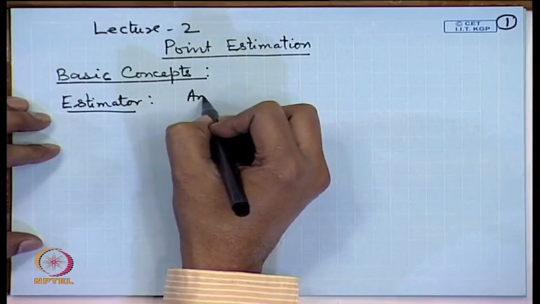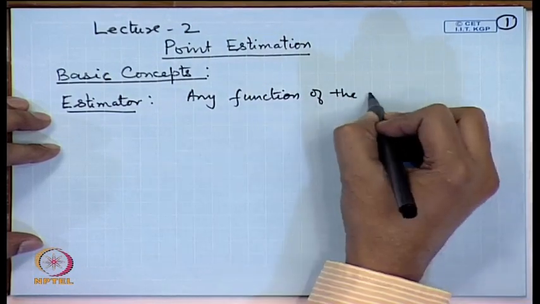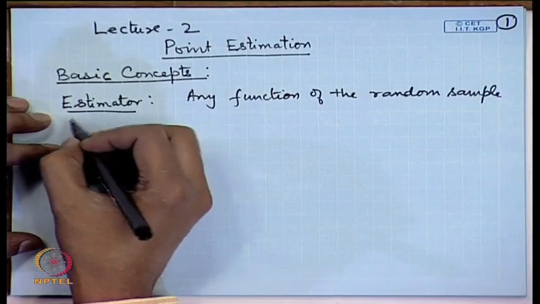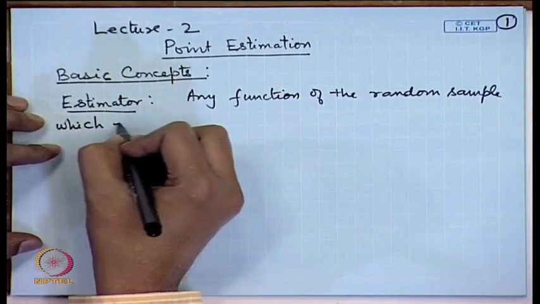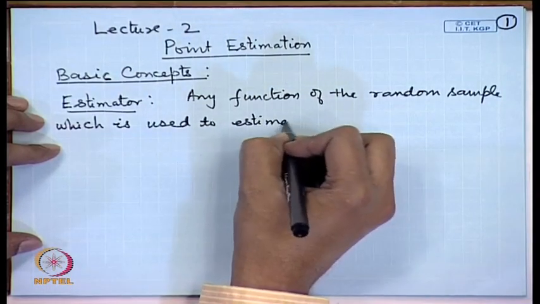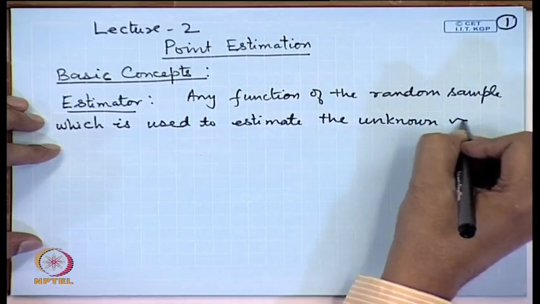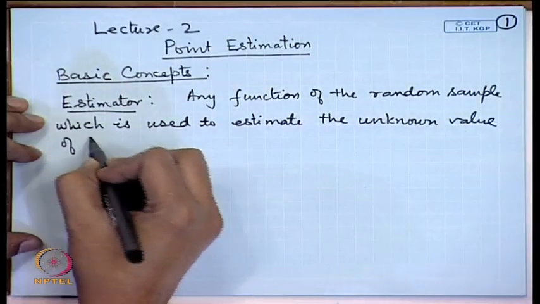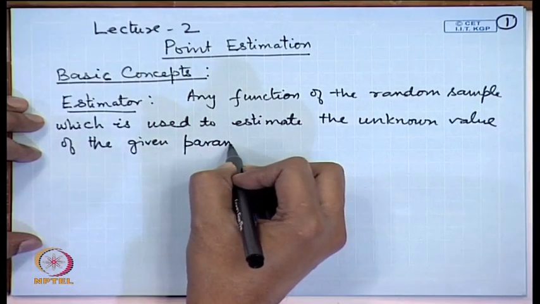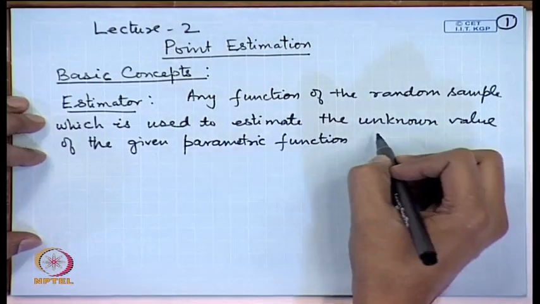So, any function of the random sample which is used to estimate the unknown value of the given parametric function is called an estimator.